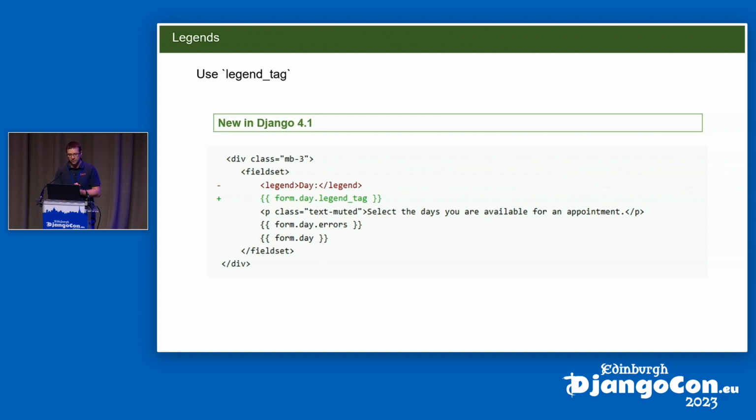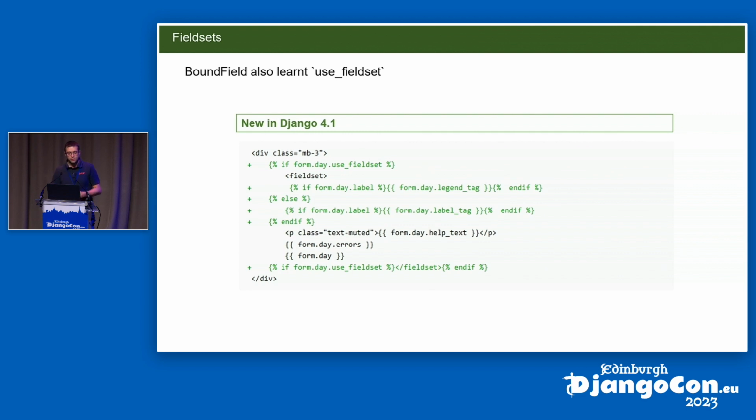Those that are eagle-eyed will go, that's great, but what about that fieldset? What can we do about that? So we introduced a use_fieldset method in Django 4.1, and that's available on the bound field. What this does is look at the widget that's defined on that field and work out if that's a widget that needs to implement fieldset and legend to relate those inputs together.